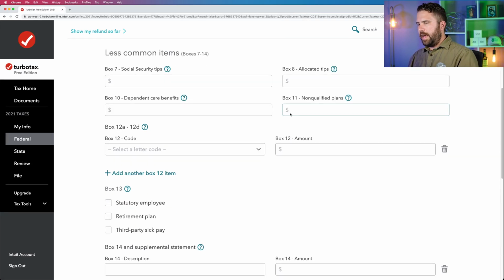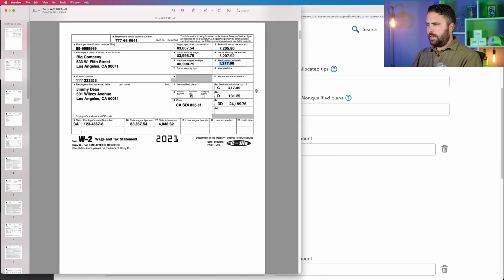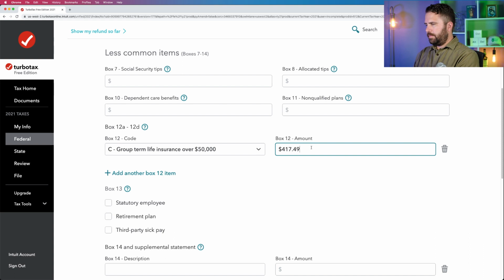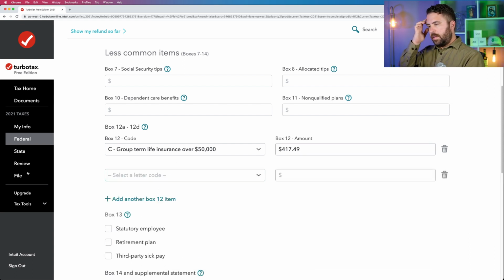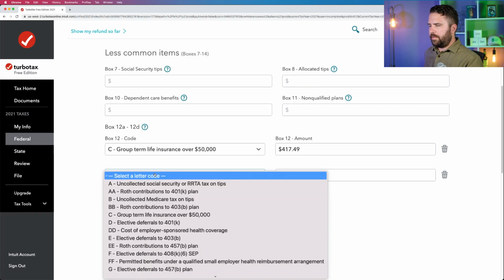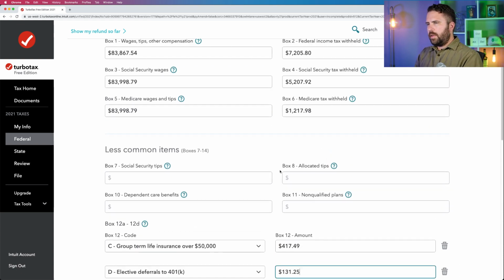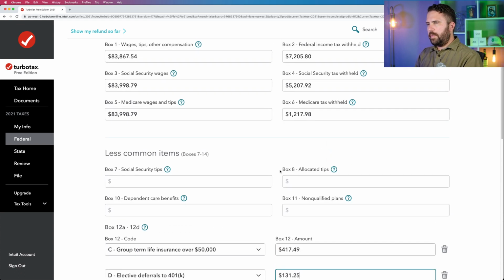Okay, 12A. We got code C there. 41749. And then we got code D, 13125. Elective deferral to 401k. And by the way, that's why these two numbers are different.